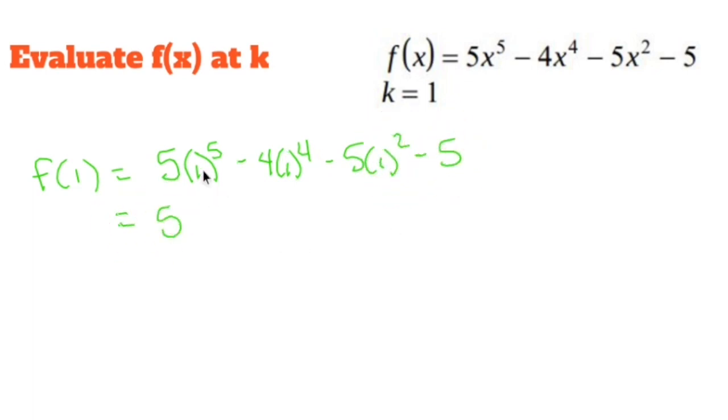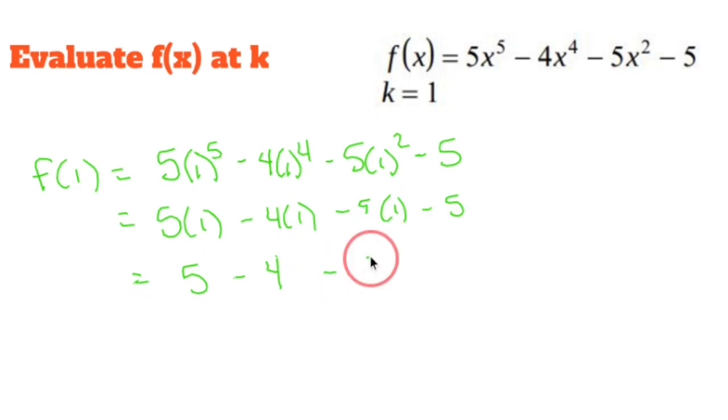Okay, 1 times itself a bunch of times is just going to be 1, minus 4 times 1 is 4, 5 times another 1 is 5, and then 5 is all on its own. 1 minus 4 is negative 3... no wait, following it through: 1 minus 4 is negative 3, minus 5 is negative 8, minus 5 is negative 13. Actually, as stated: 5 minus 4 is 1. 1 minus 5 is negative 4, minus 5 again is negative 9. So f of 1 is negative 9. And that's it.